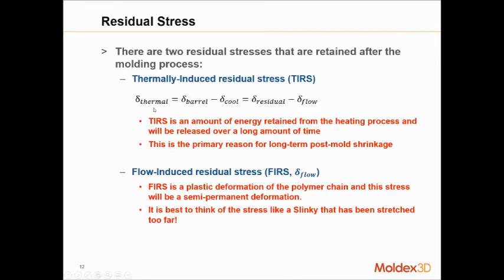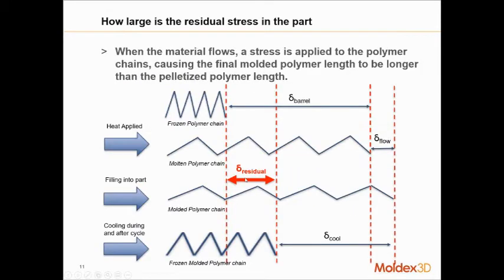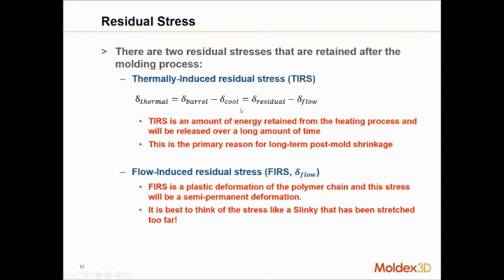Now, the difference between our delta residual and this delta flow is going to be our delta thermal, or the thermally induced residual stress. And the thermally induced residual stress is really just the amount of stress that couldn't be released through shrinkage. Ultimately, if we left our part on a shelf for long enough, all of that thermally induced residual stress would be released out to the environment.